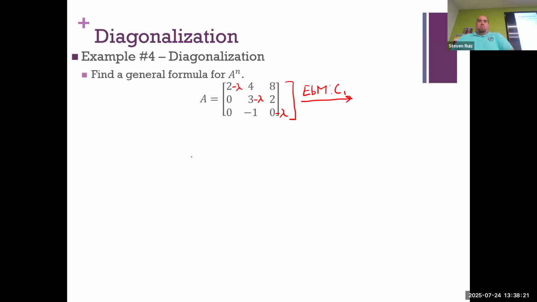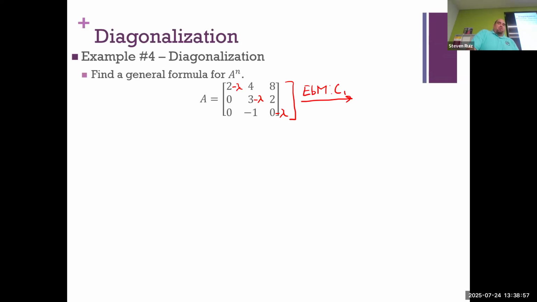Wait, why not? Actually, why not? Row 3, I think, would be equally good. Yeah. Oh yeah, in row 3 you have 0, -1, and then negative lambda.